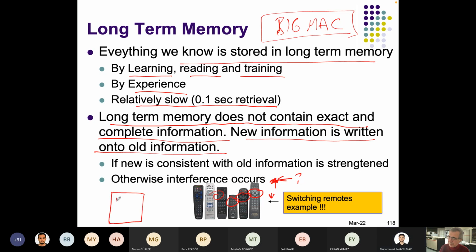When you have a screen menu and one of the items is highlighted, when you press up, it goes up. When you press down, it goes down. But on some other interfaces, if you press up, it goes down.